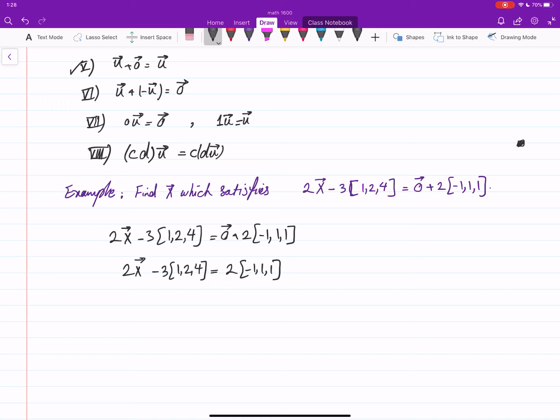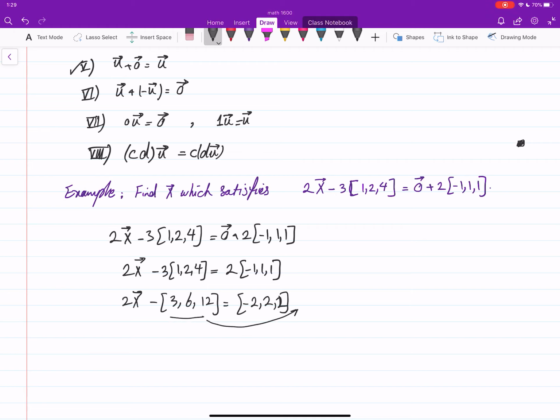Then we can apply the scalar multiplication. Scalar multiplication on the left gives us 2x minus (3, 6, 12) equals (-2, 2, 2). How can I take this to the other side?